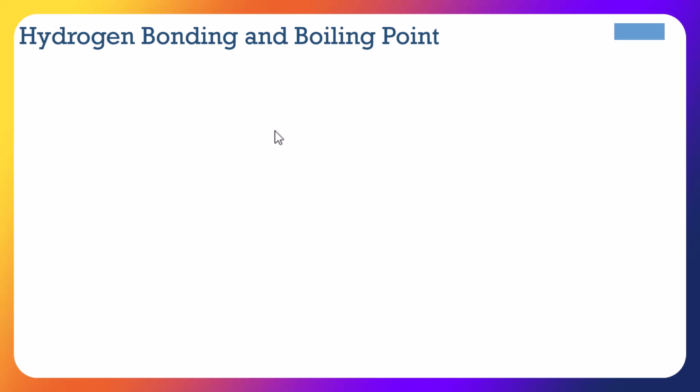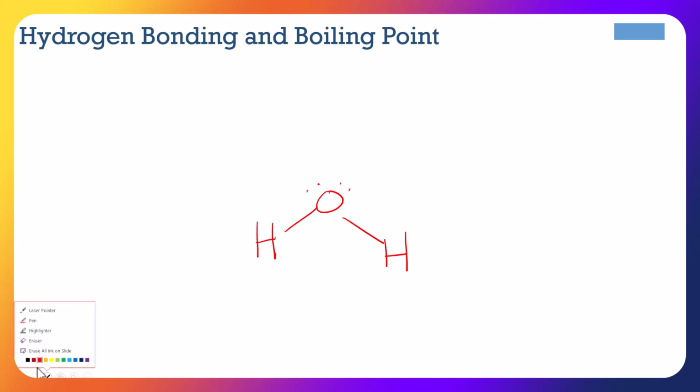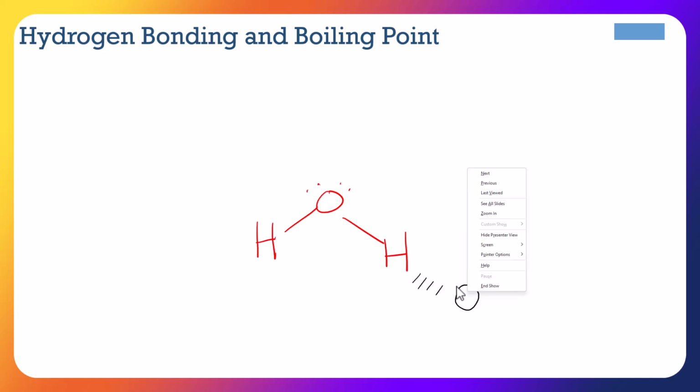Okay. So we said that water can hydrogen bond. I'm going to draw a water molecule here. What is on top of this water molecule? Remember, there's a lone pair up here on this oxygen, right? Now let's look at how this water molecule is going to hydrogen bond or interact with other water molecules. This hydrogen right here can hydrogen bond with another water molecule over here.